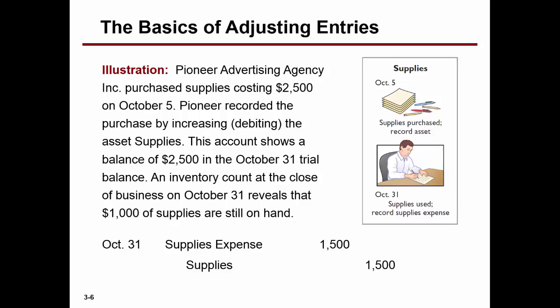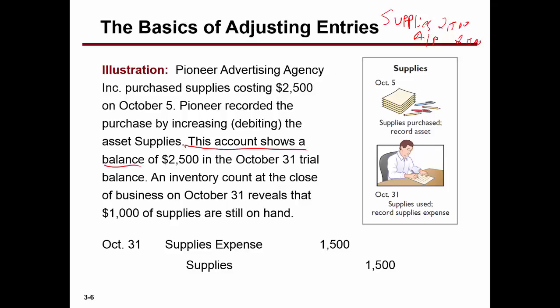When we buy something on account, that's telling you that I'm not paying the cash up front, right? So when I buy the supplies, I'm going to debit the supplies account. Debit supplies for how much? 2,500. Credit what? Accounts payable for 2,500 because I'm going to pay that later, right?